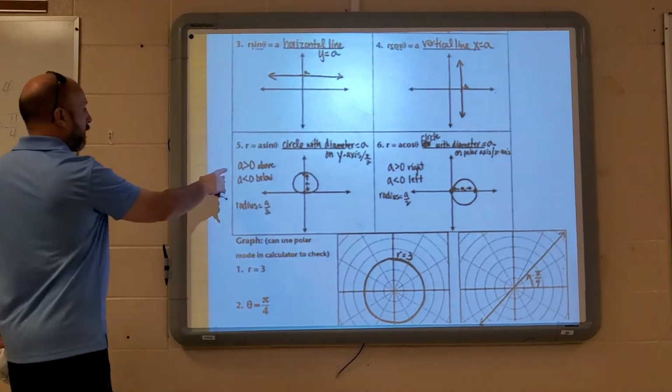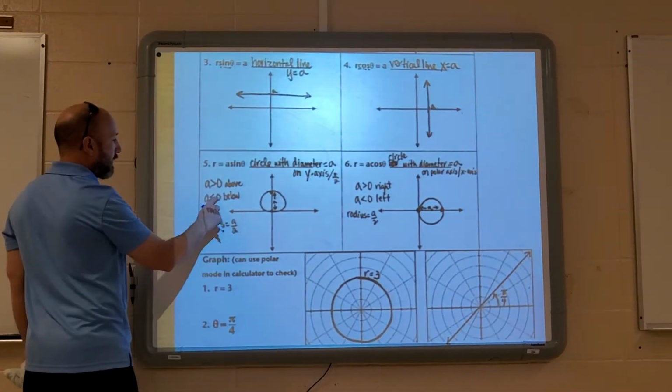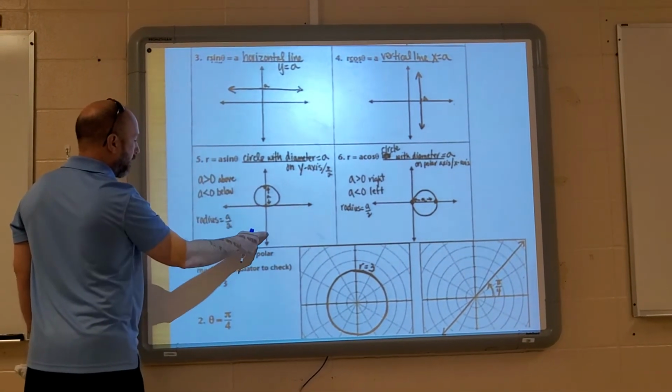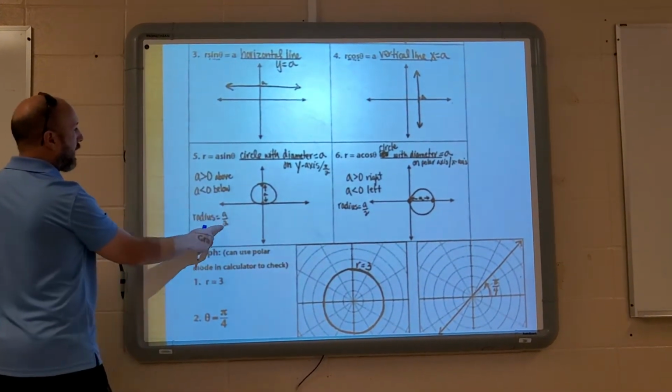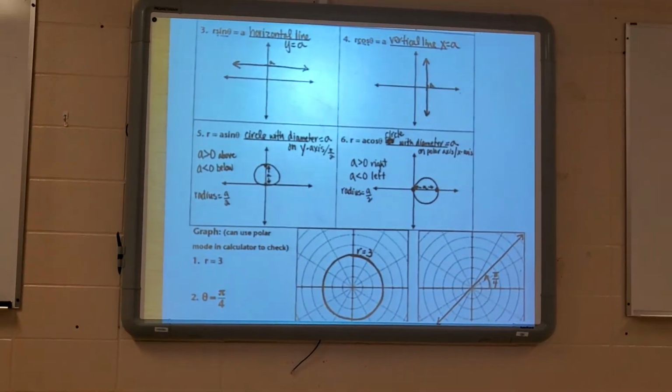So if a is greater than 0, it's going to be above. If a is less than 0, it's going to be below. And the radius is always a divided by 2. Okay?